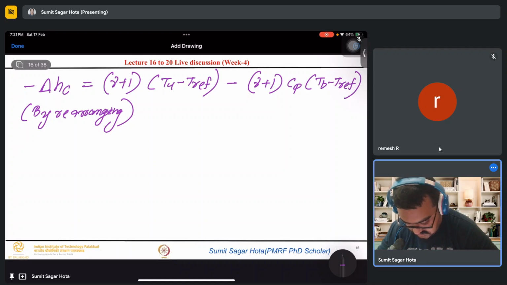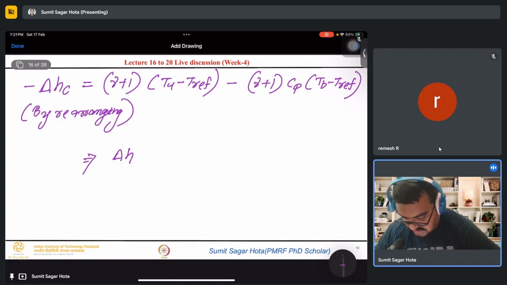Okay, so that's not the case. Again, if you do some rearrangement, we notice that when you consider delta HC, we remove all the delta H dot F. That means delta HC is obtained by taking all the delta H dot F to the left hand side. That's the one trick you get to know.